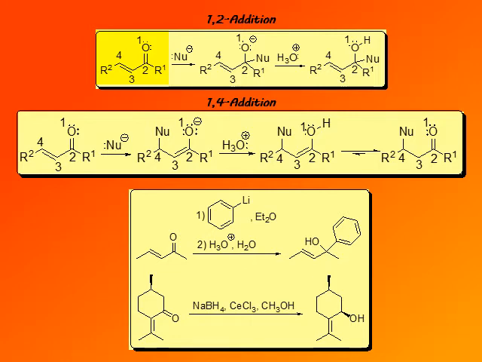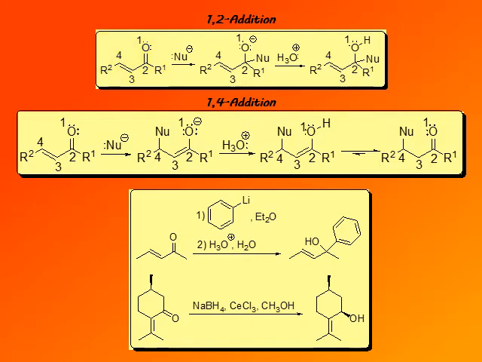So an enone system has 4 atoms, and these are the 4 atoms of that system. Atom 1 is the carbonyl oxygen. Atom 2 is the carbonyl carbon. Atom 3 is the alpha carbon atom of the double bond, and atom 4 is the beta carbon atom of the double bond.